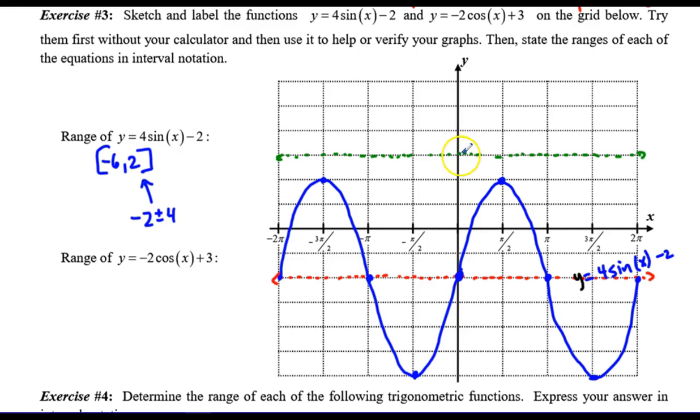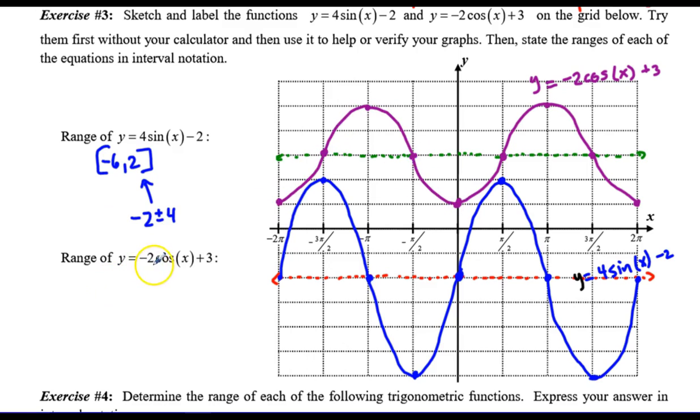Then for -2 cosine, cosine normally starts up at the amplitude, but it's going to start down 2 units because it's not only stretched, but it's vertically reflected in the midline. So we're going to go there, back to our midline, up, and that's the pattern it's going to make. Okay, so figure out the range and then play the recording when you're ready.